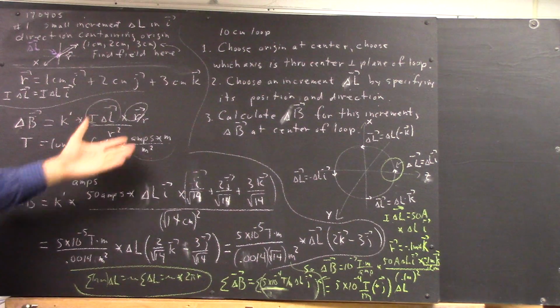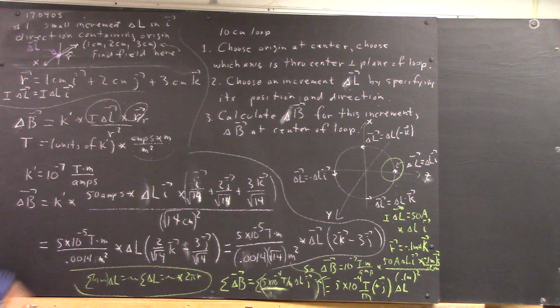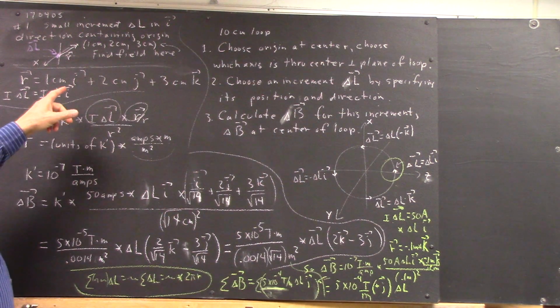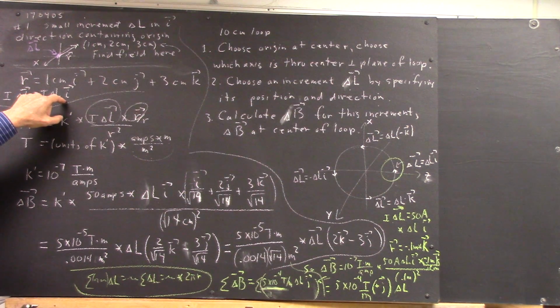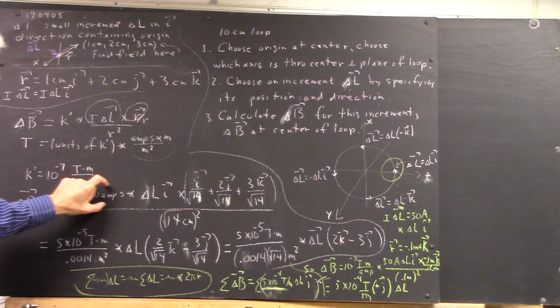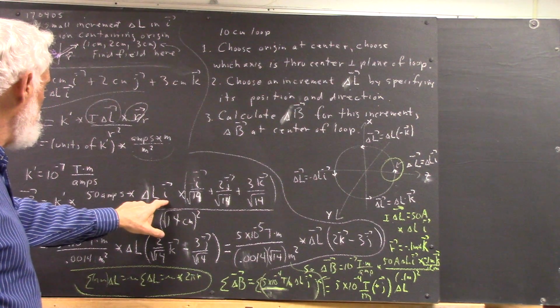That's all we need to figure this out. So what do we get? Okay, well, I is 50 amps. So I delta L, big I, current, times delta L times the I unit vector is 50 amps times delta L times the I vector.